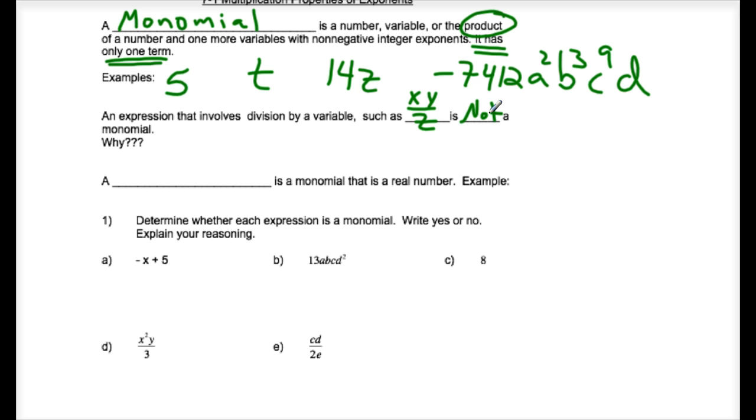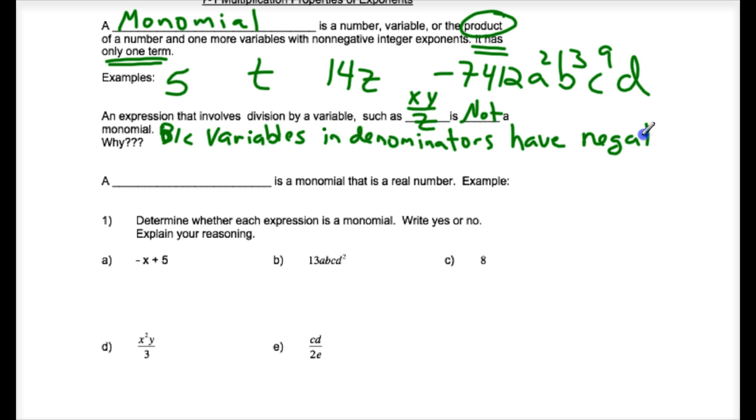And the reason is, let's write this down: because variables in denominators have negative exponents on them.